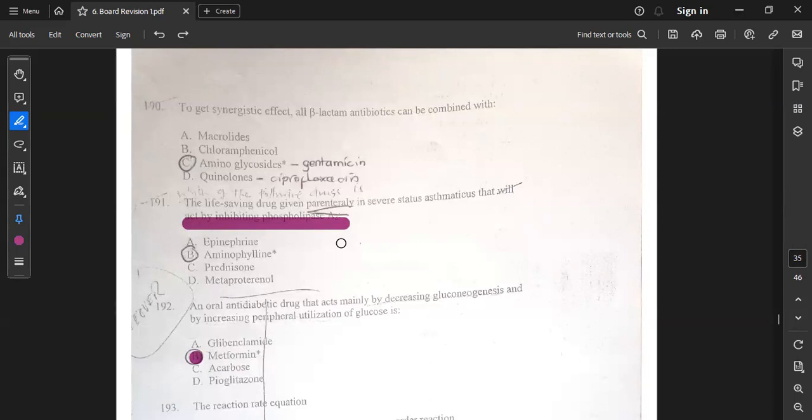And then now we also have the SABAs, the short acting beta agonists. Those ones we've talked about a lot, salbutamol and terbutaline. And then we have the LABAs. So that's where we have salmeterol, formoterol, those ones. And basically, as you said, these ones will bind to the beta receptors of the smooth muscles and therefore cause bronchodilation.